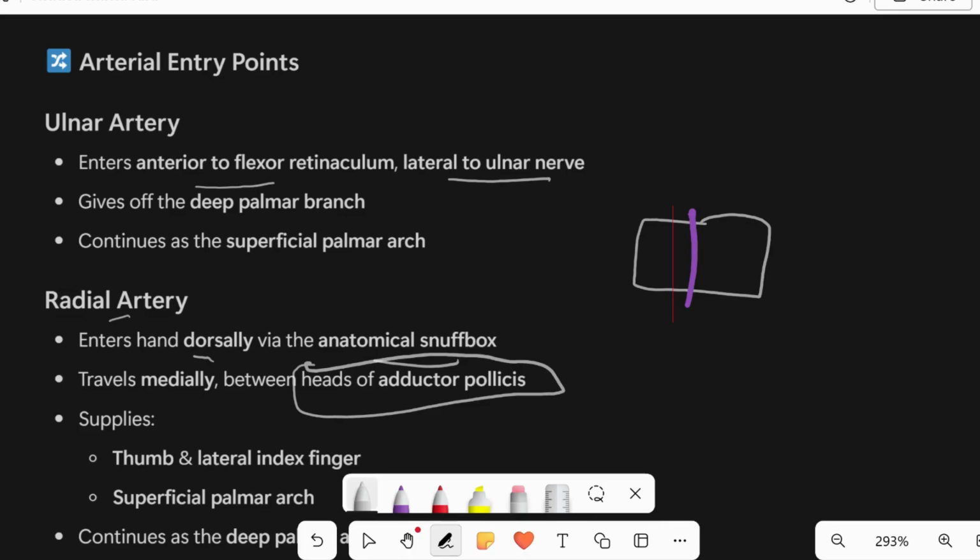So it supplies the thumb and the lateral index finger and it contributes to the superficial palmar arch. However, the main contribution from the ulnar artery is to the superficial arch, whereas the radial artery primarily contributes to the deep palmar arch. We will discuss this with a diagram in the next slide.